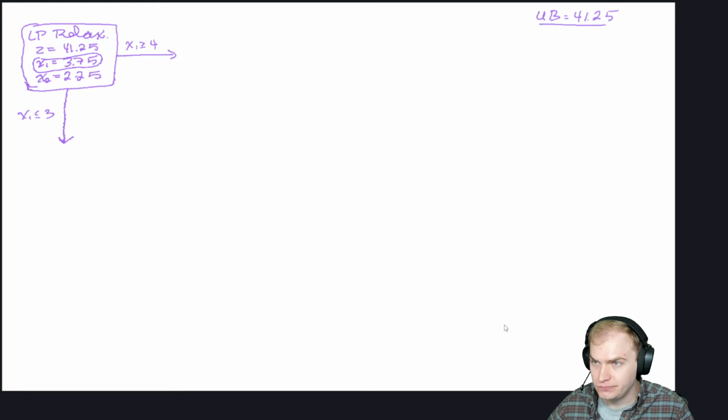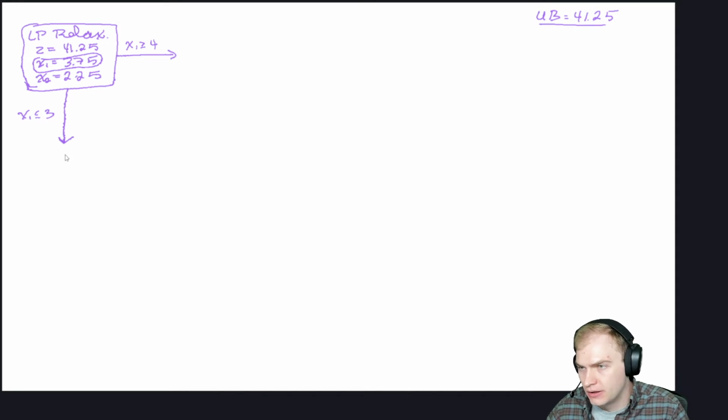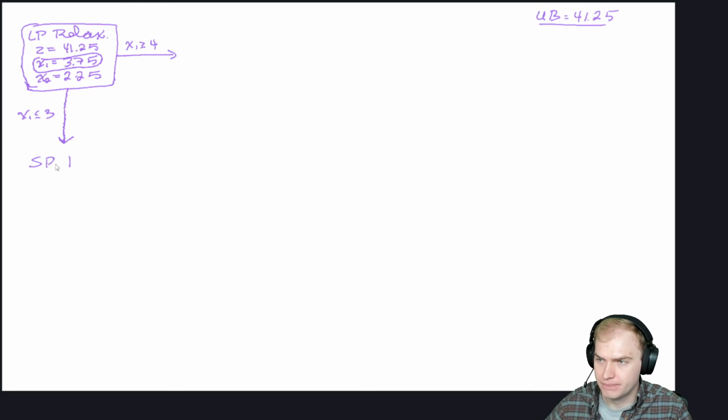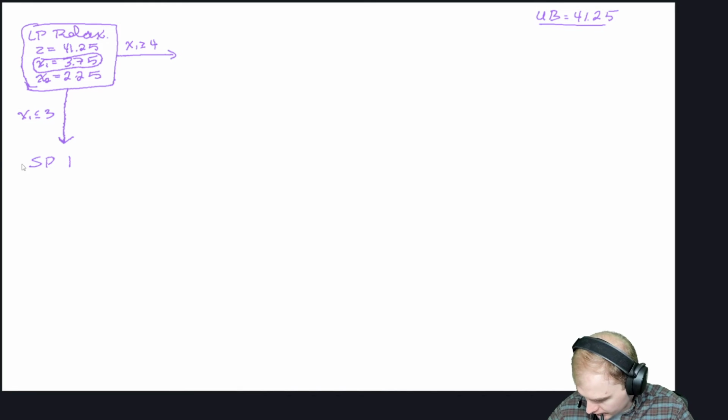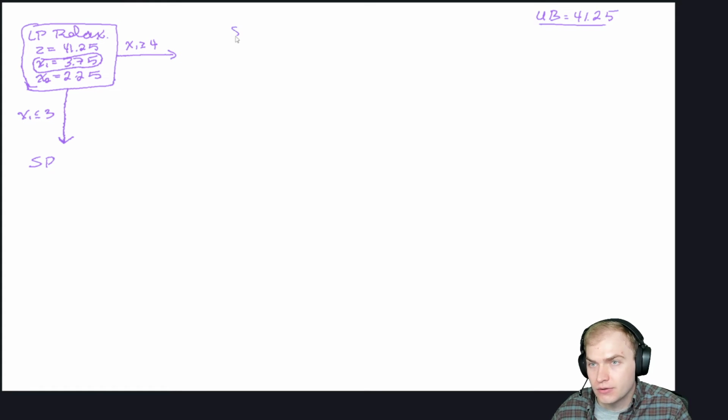So we're going to have subproblem 1 has this new constraint to it. So let's solve that first. Actually, correction. Let's do this the other way around. Let's solve this one first.